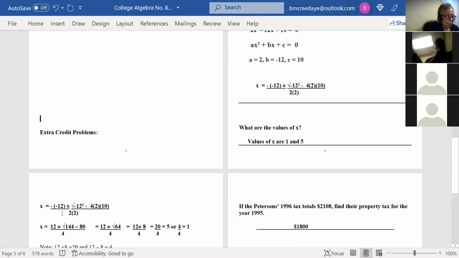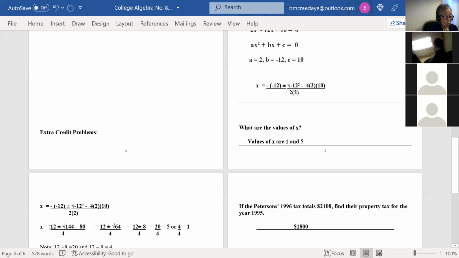So once you substitute that in, you can solve for the values. And here is the same equation. We substitute it in, and actually we are doing what it indicates here. The minus 12 squared, minus 12 times minus 12 is 144. 4 times 2 times 10 is 80. A minus 12 is a plus 12.